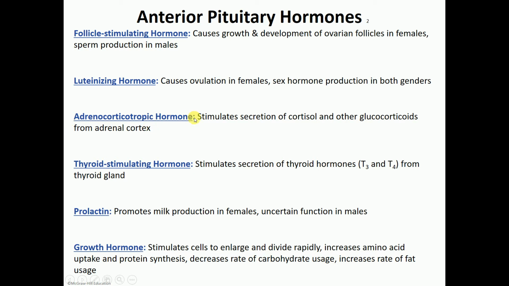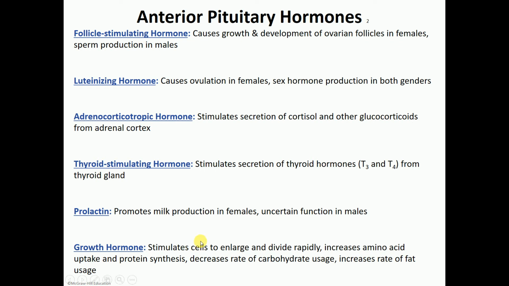Now, ACTH stimulates the release of cortisol and other hormones from the adrenal cortex. TSH, or thyroid stimulating hormone, stimulates the secretion of T3 and T4, which are thyroid hormones, from the thyroid gland. Prolactin promotes milk production in females, and the function of prolactin in males is really not known to this date.